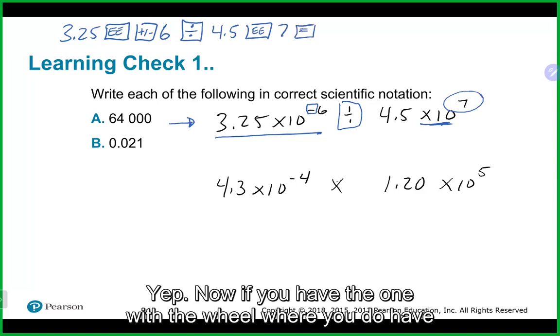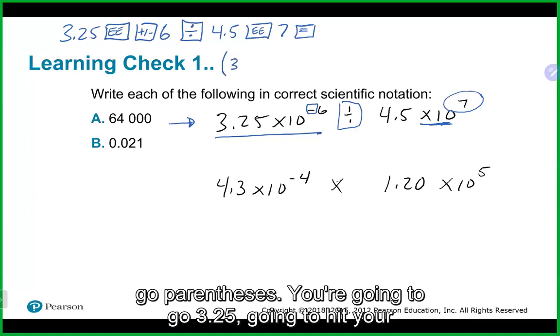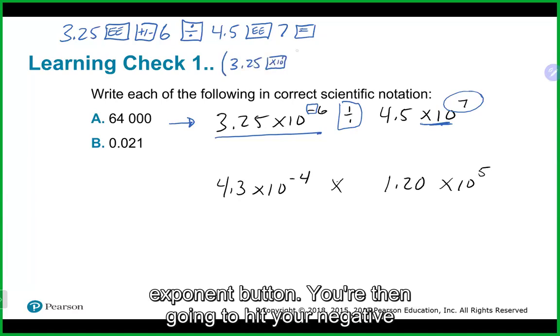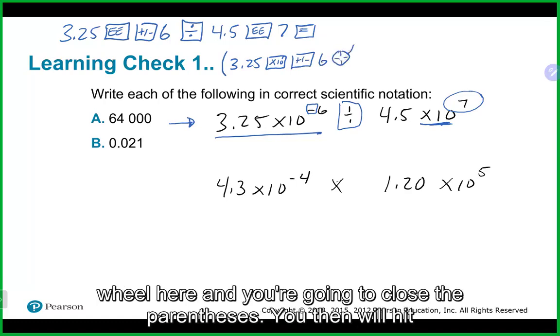Now, if you have the one where you do have to put parentheses, I'm going to try to remember. You're going to go parentheses. You're going to go 3.25. Going to hit your exponent button. You're then going to hit your negative button. You're going to hit 6. You are then going to hit your right arrow here. You're going to close the parentheses.